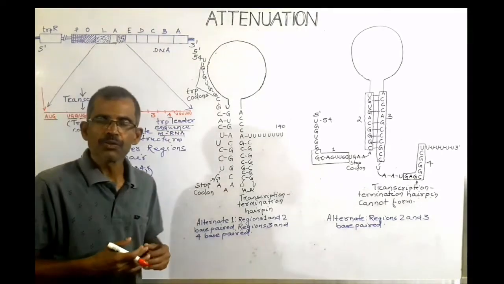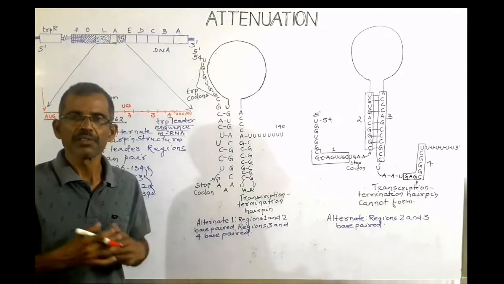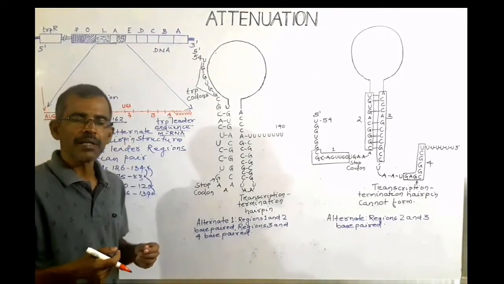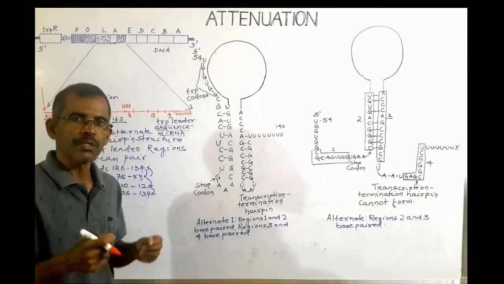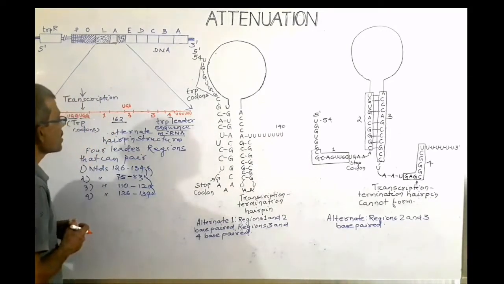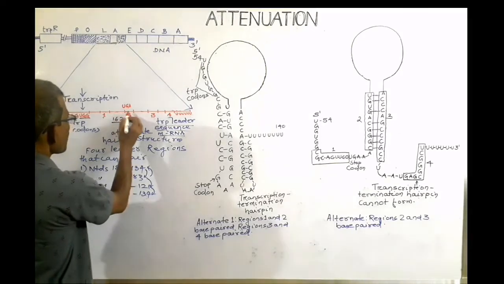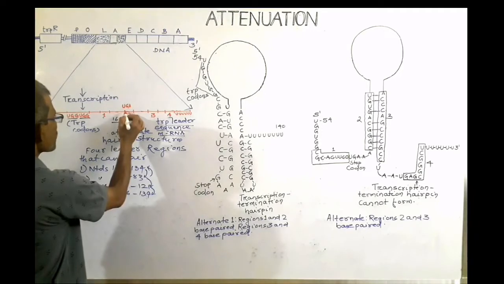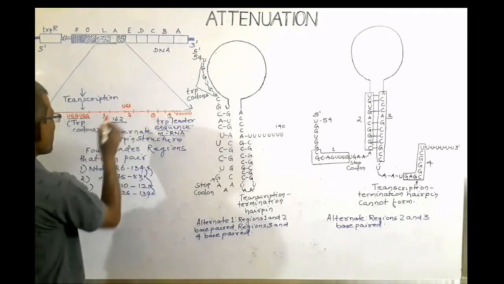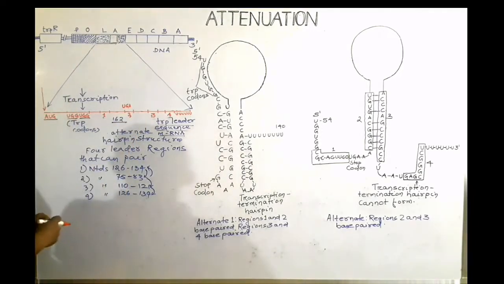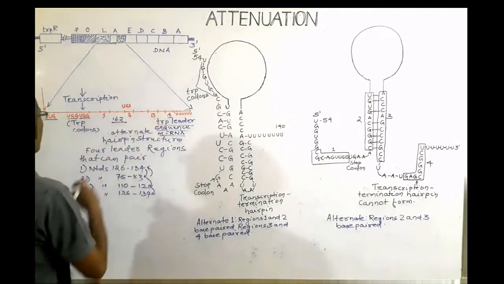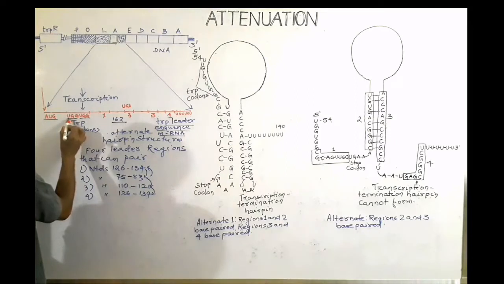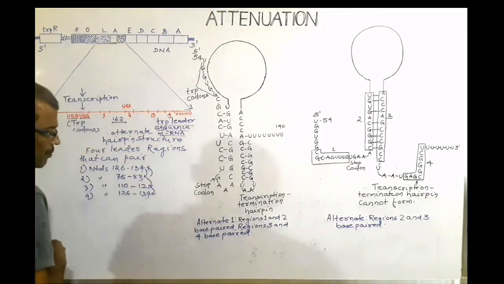In addition to the four different regions, the nascent mRNA also contains a translation termination codon that is present between region 1 and region 2. This translation termination codon is UGA. And already you know that this nascent mRNA also contains two contiguous tryptophan codons.